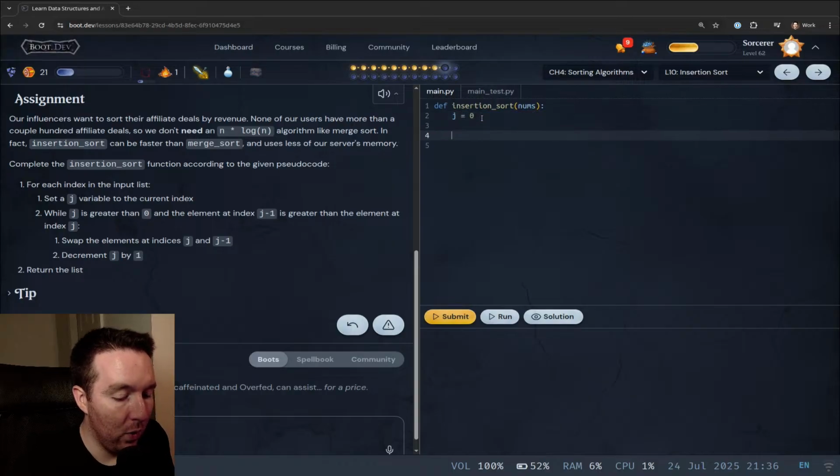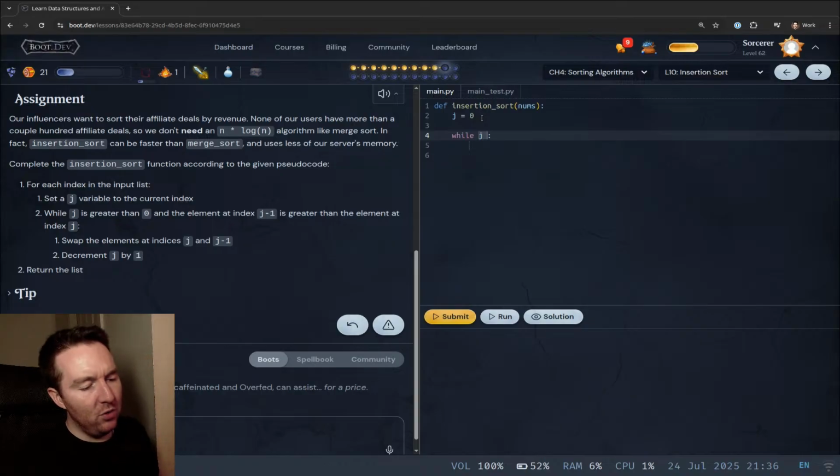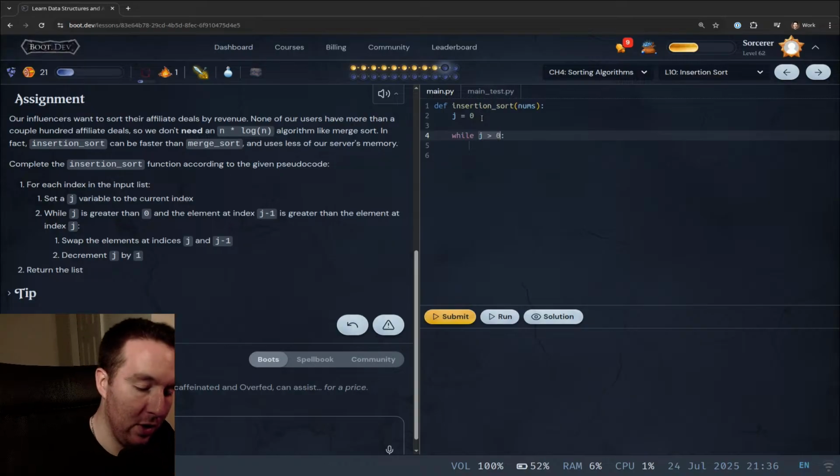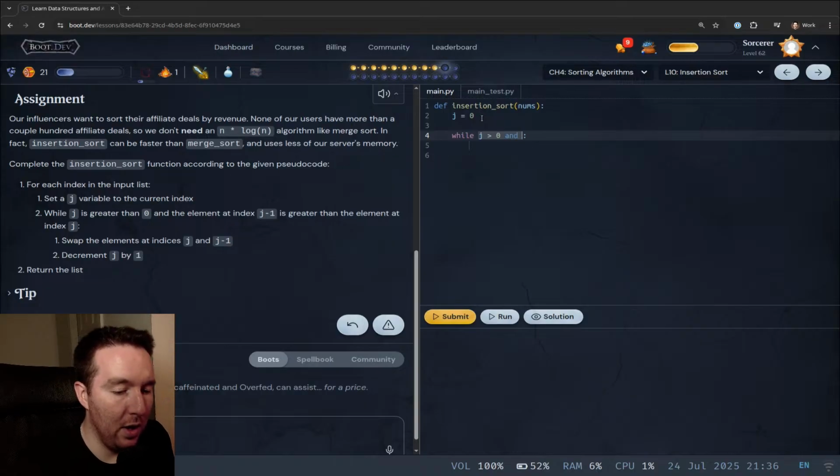So then, while j is greater than 0 and the element at index j minus 1 is greater than the element at index j.